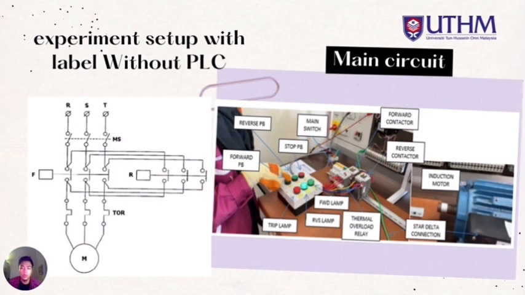And W, which is the blue wire, remains the same. To start the motor, the main switch needs to be switched on to allow current to flow to both the control circuit and the motor circuit. That's the main circuit without PLC.